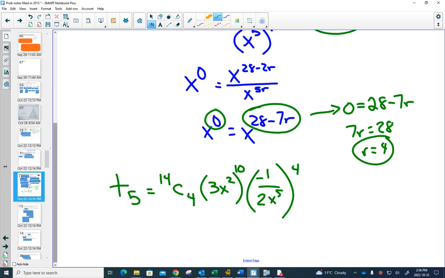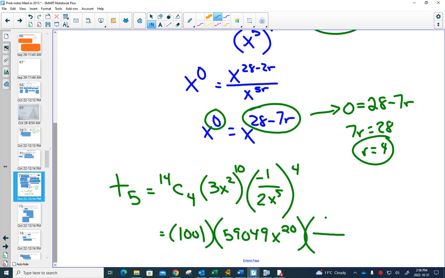So 14 choose 4 is 1001. 3 to the exponent of 10. A negative to the power of 4 will be positive. 2 to the power of 4 will be 16.